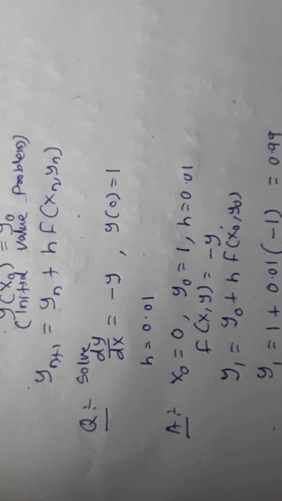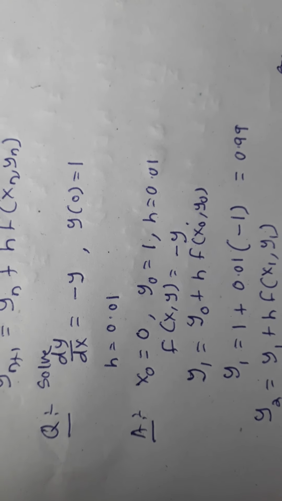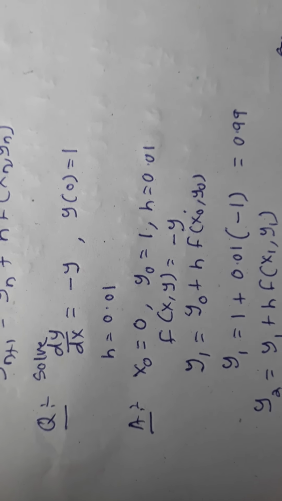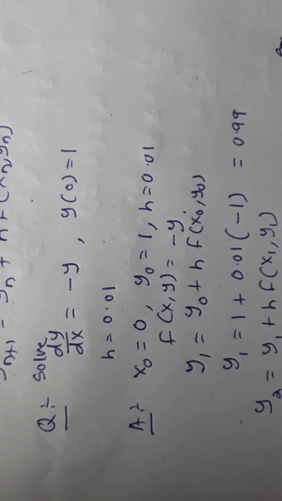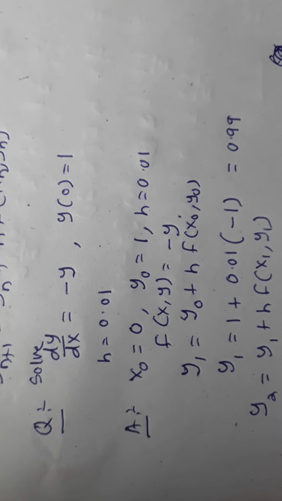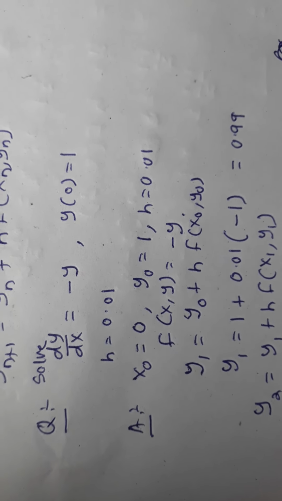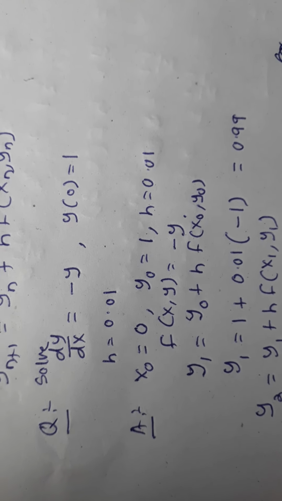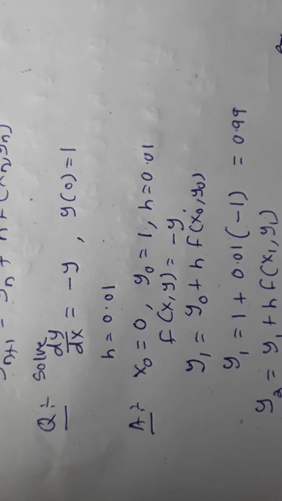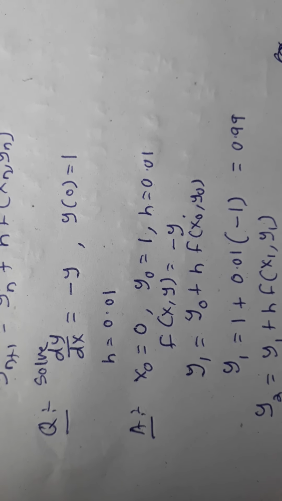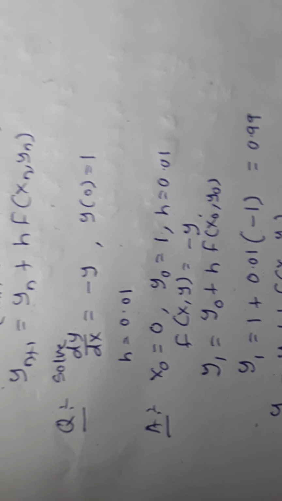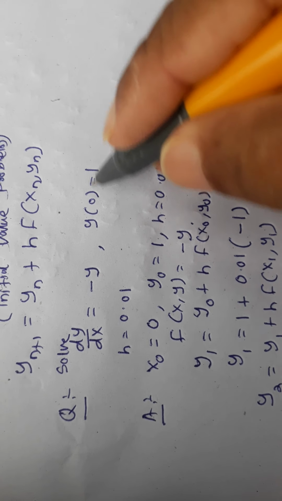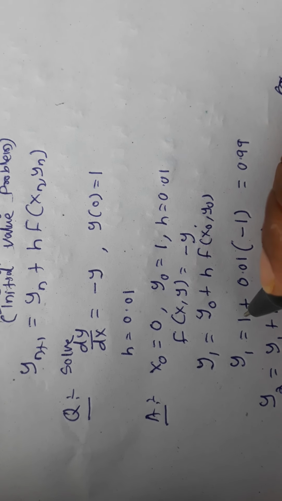We will find the approximate solution of this differential equation by using the Euler formula y1 equal to y0 plus h into f of x0 y0. In this case y0 is already given, y0 equal to 1.